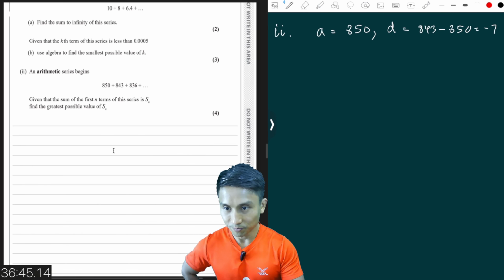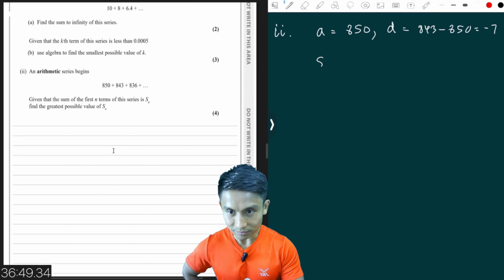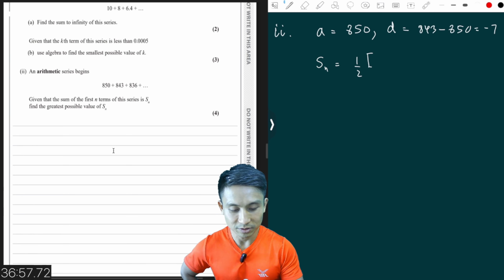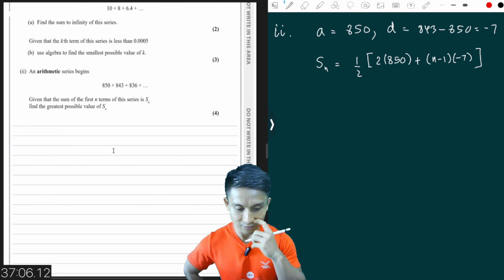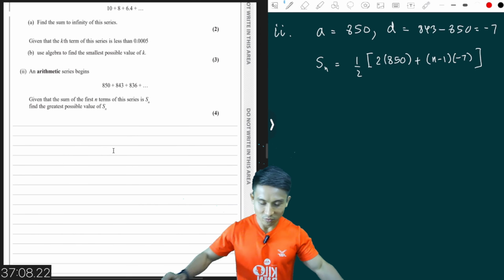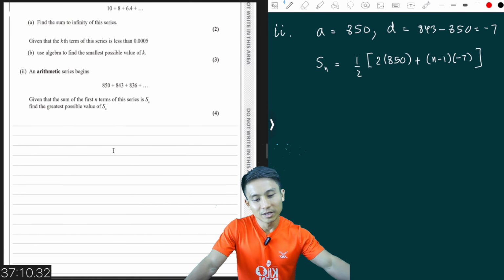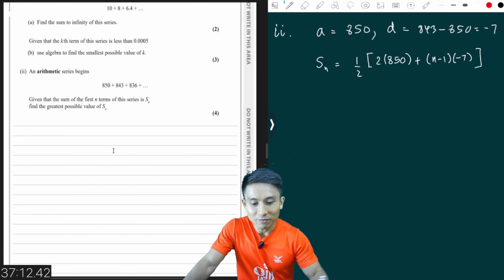Okay, so Sn is the sum of the first n terms, so what's that again? 1 over 2 times 2a, which is 2 times 850, plus n minus 1 times d, which is minus 7. That's the formula. Well, you have n outside as well.